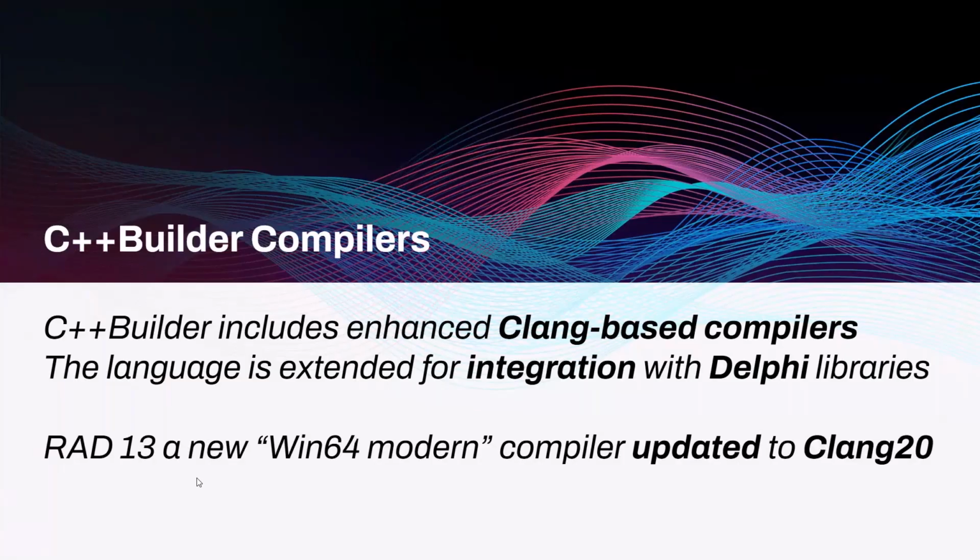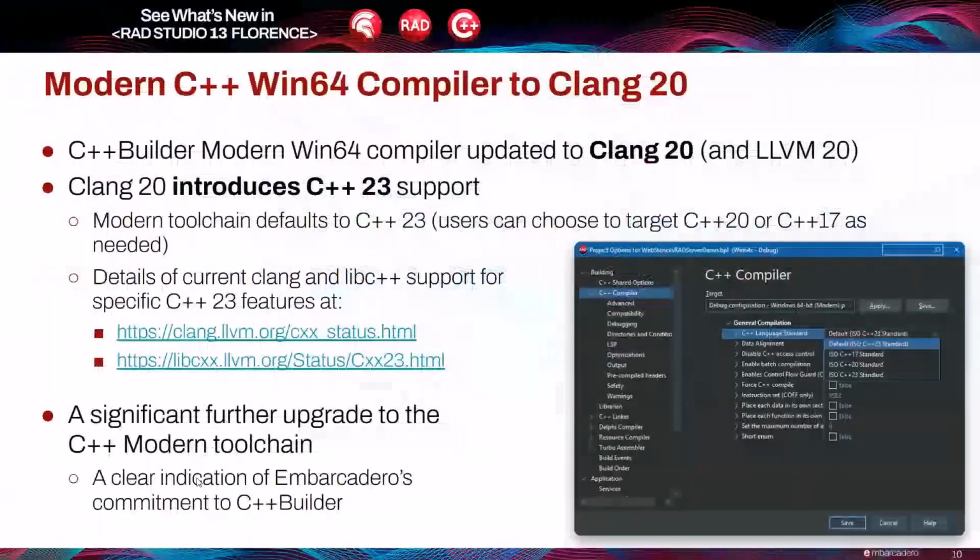It was very, very old, and one of the reasons we had to scrap a lot of the platforms that were available for C++. Now in version 13, we took it even further, and we've updated C++ to Clang 20, which means that now you have the C++23 specification available, which is the latest C++ ISO available. That's the default, 23.